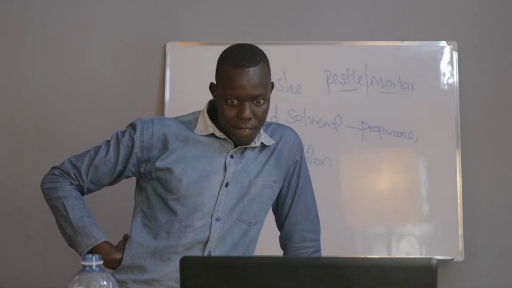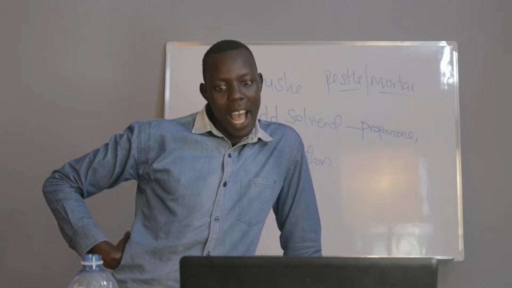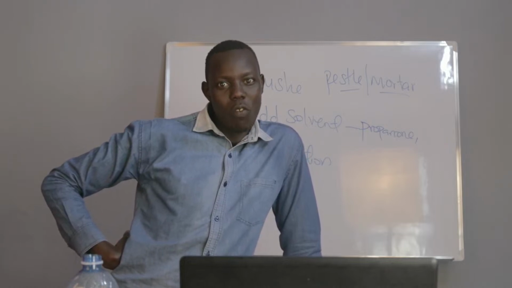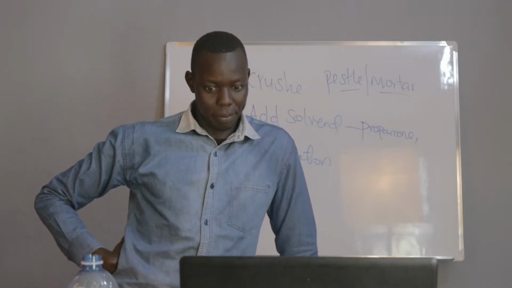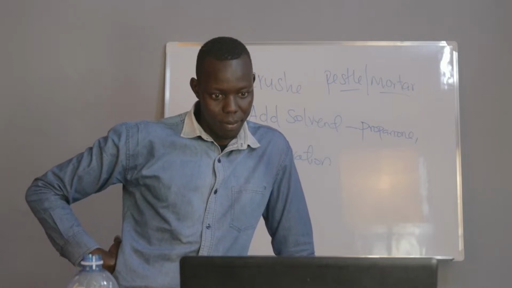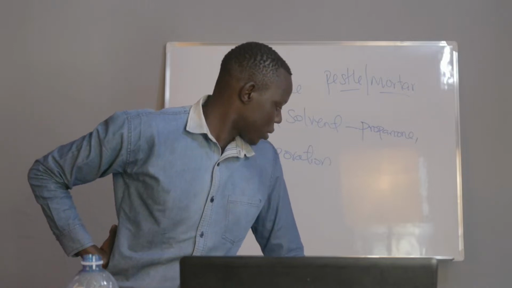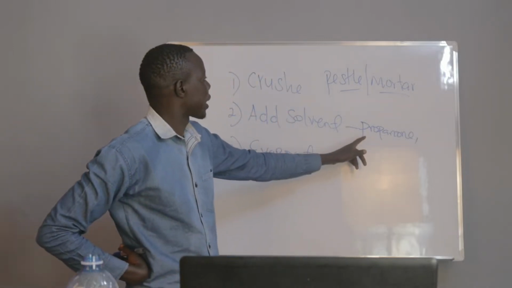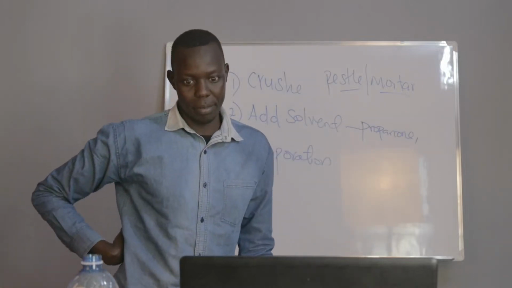To increase the surface area which the propanol is in contact with the groundnuts. To increase the surface area upon which the solvent will dissolve the oil. Good. Then evaporation is done so that it can remove the solvent used. We remain with the oil.